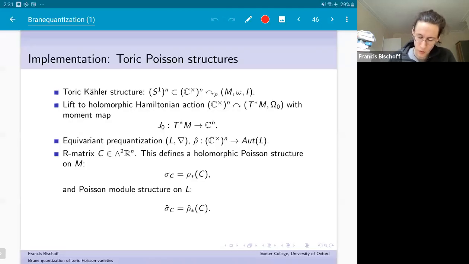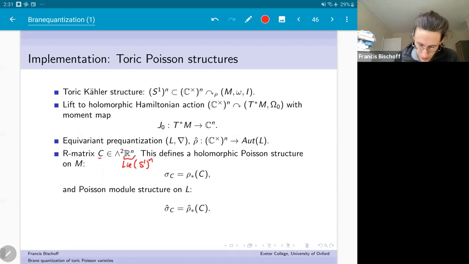In order to deform the homogeneous coordinate ring of the Kähler structure, we need a holomorphic Poisson structure. And we're going to specify this using an R matrix. You can think of this just as an anti-symmetric n by n matrix; really, you can think of it as an element of the Lie algebra of the torus.